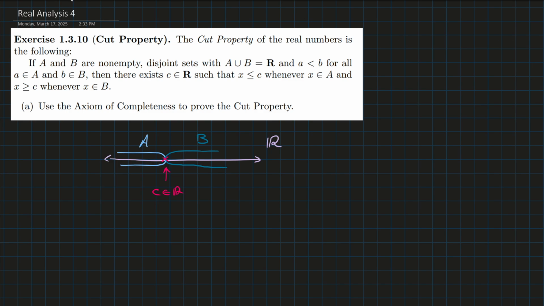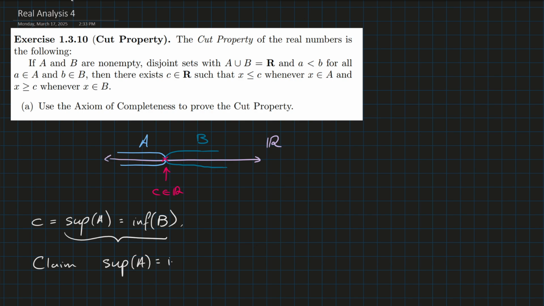We're going to say C is equal to the supremum of A, which is the infimum of B. We're going to show this, but if these are equal, then C works. So basically, that's the claim. I might just rewrite it: claim, the supremum of A equals the infimum of B equals C.